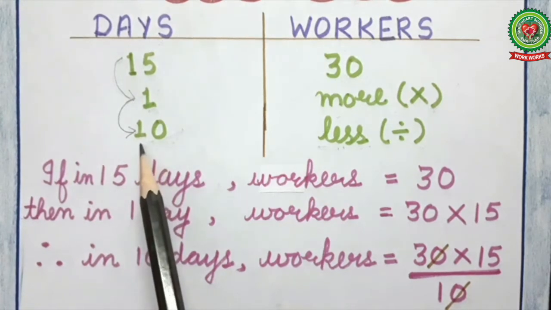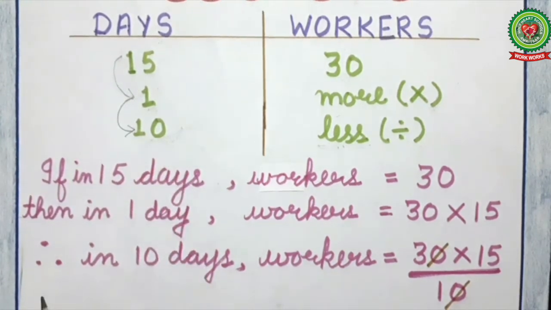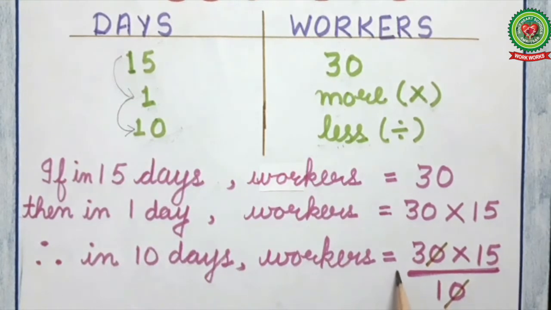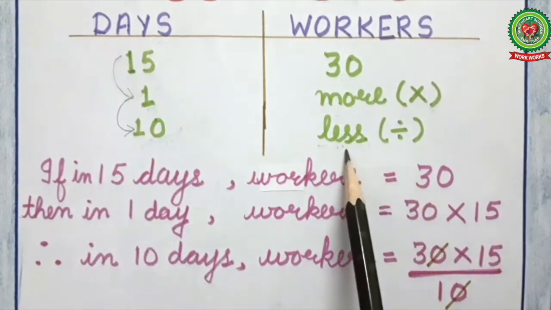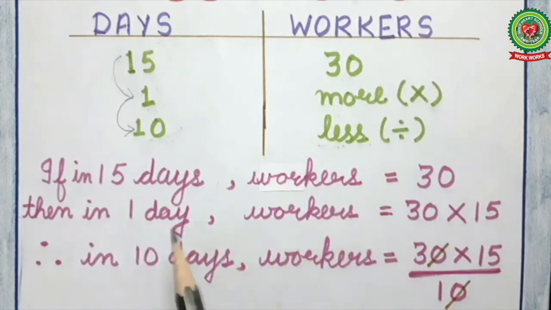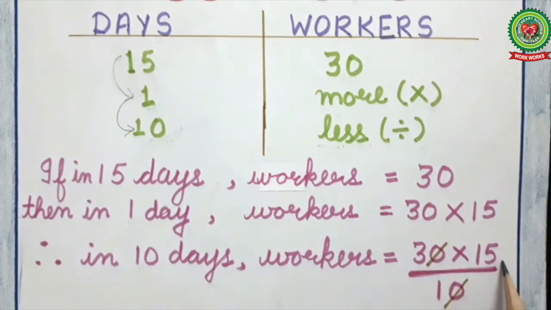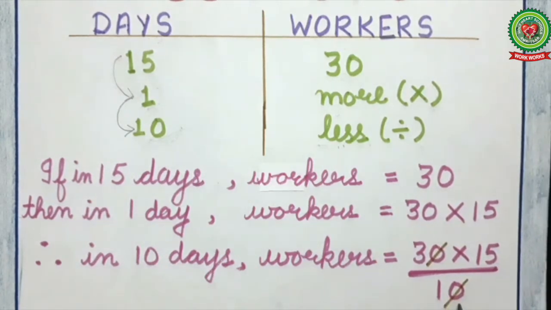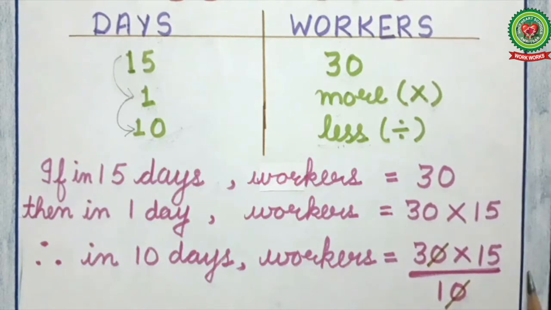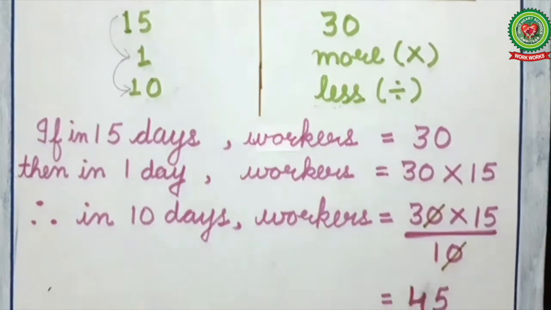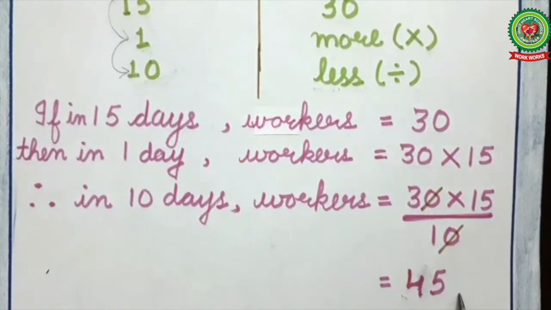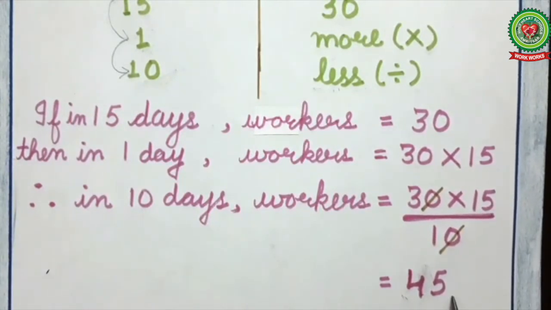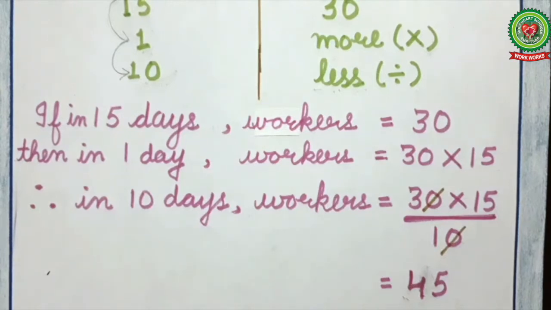After that we will find workers for the 10 days. Therefore in 10 days workers is equal to, that we will get by dividing number of workers for 1 day by required days. Here number of workers for 1 day are 30 multiplied by 15 divided by 10. On simplification, 0 cancels with the 0. We are left with 3 multiplied by 15 is equal to 45. That are the required number of workers for 10 days.